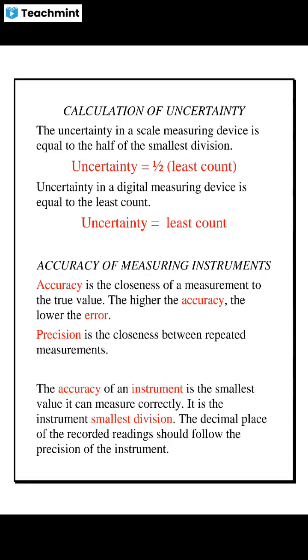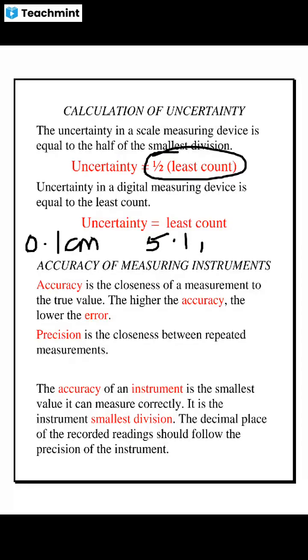So let me give you an example of this. If on your meter rule, you can measure 5.1, you can measure 5.2, that means you can measure 0.1, 0.2 centimeter. The minimum you can measure is 0.1 centimeter. That means the least count for the meter rule is 0.1 centimeter. But from here, if you want to get the uncertainty, it's going to be half of this.